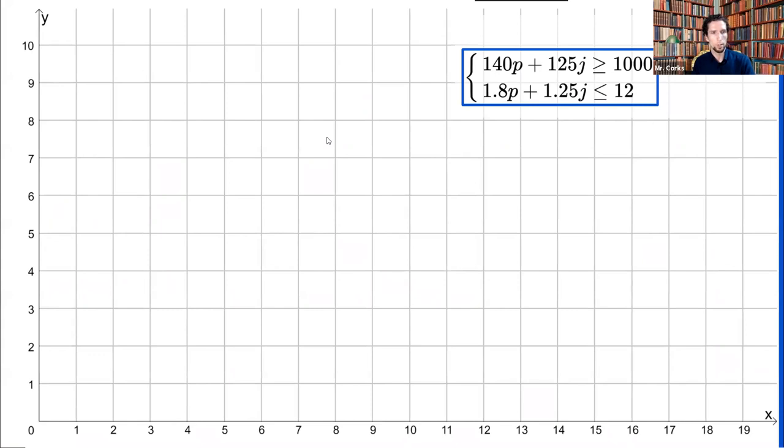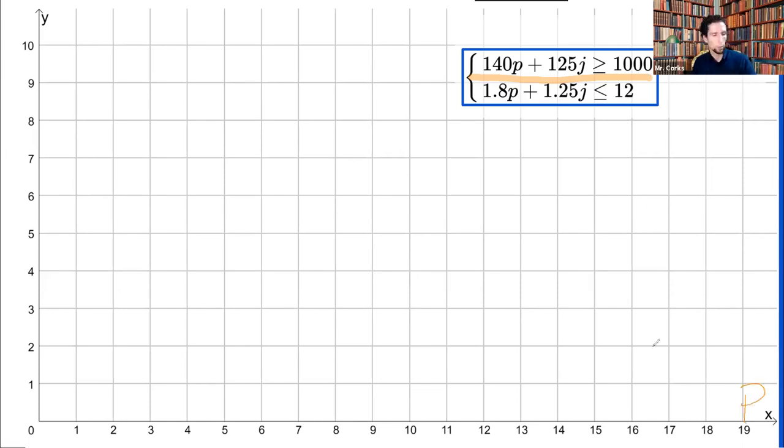Choose new colors. Okay, so we'll do orange for the first one. What are the X and Y intercepts for this? Or sorry, P and J intercepts, let's write that here.